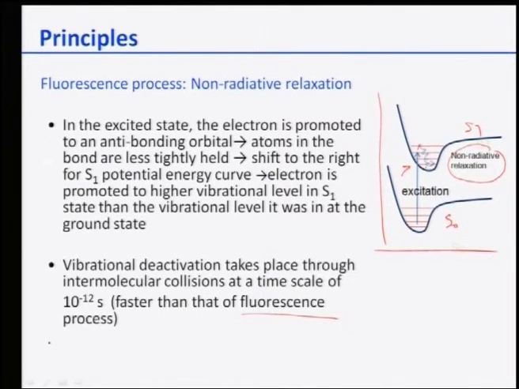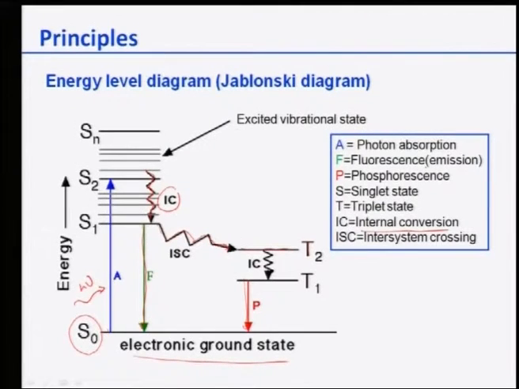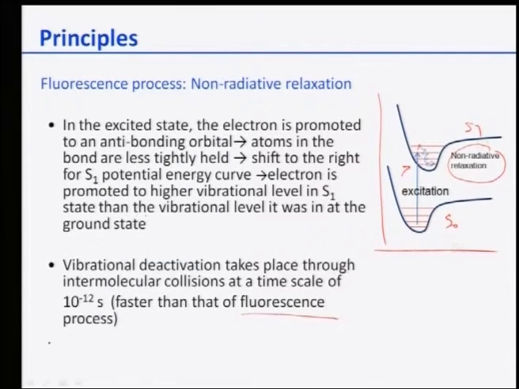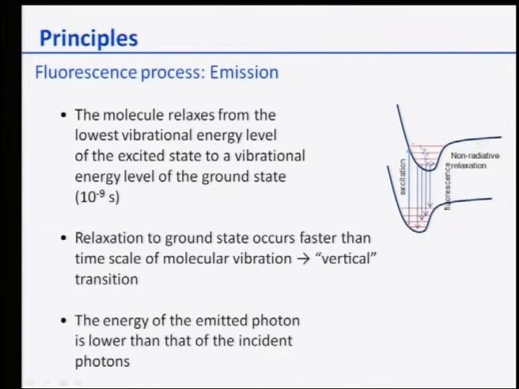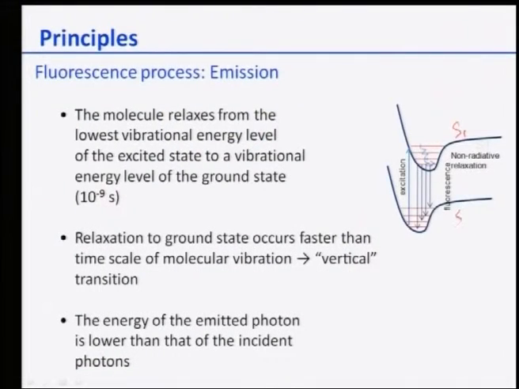That is what is shown here. As you can clearly see, this transition can be related to some extent to this. Once the electron, because of intermolecular collision, has come within S1 from a high energy to the lower vibrational states, these are all different vibrational states.